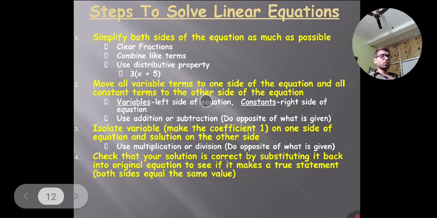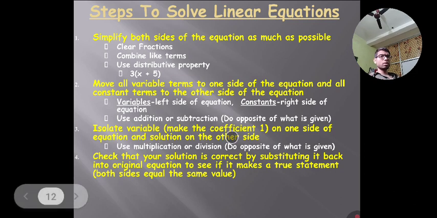Move all variable terms to one side of the equation and all constant terms to the other side. This is a simple equation: variables on the left side of the equation, constants on the right side.